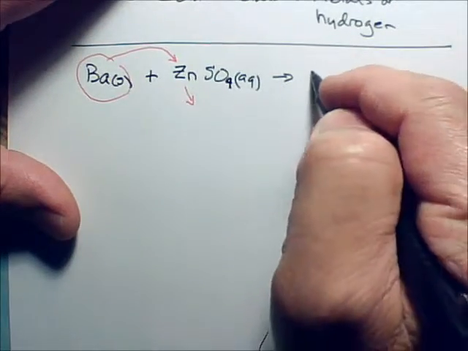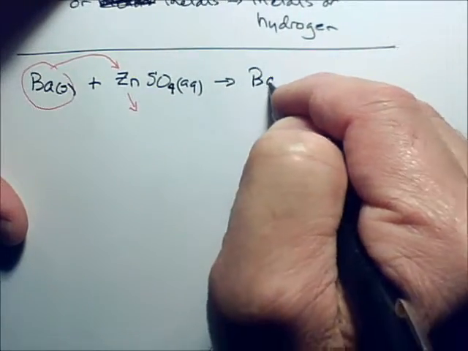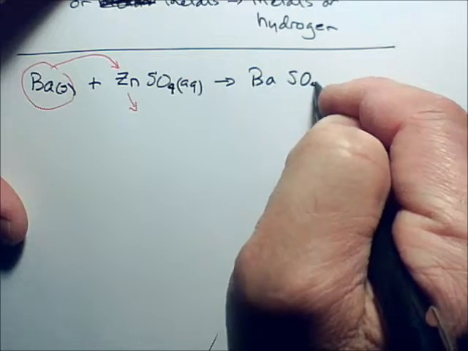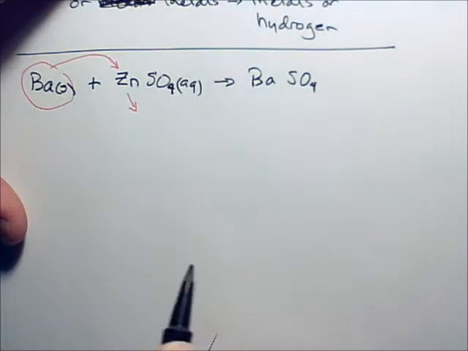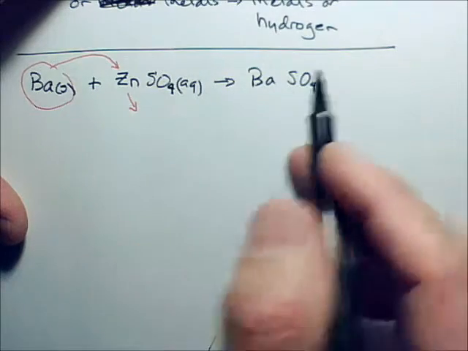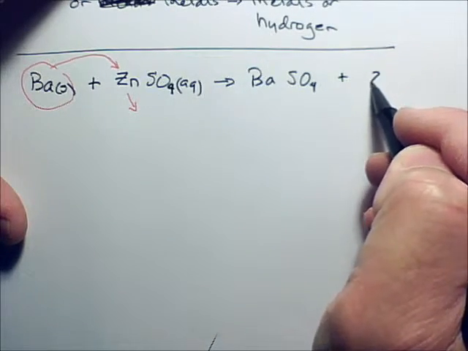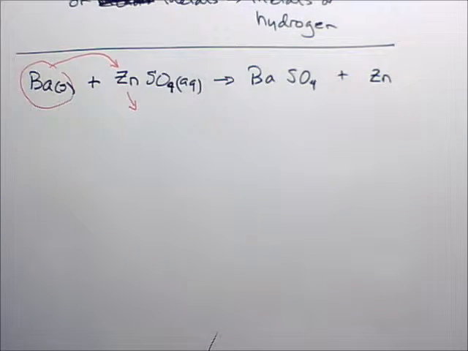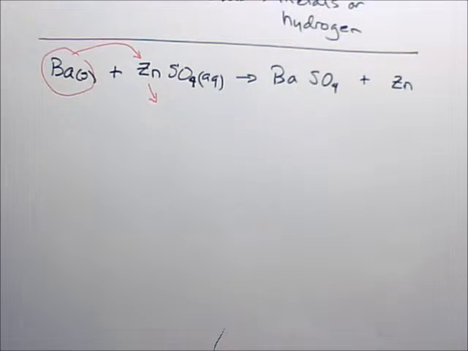So we'll have barium sulfate as a product. Now that's not a balanced formula yet. Might be. We're going to find out if it is. And we're going to have the zinc over here all by its lonely little self. It doesn't matter whether zinc is written first or barium sulfate is written first.